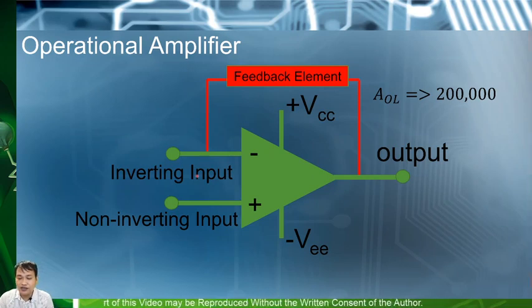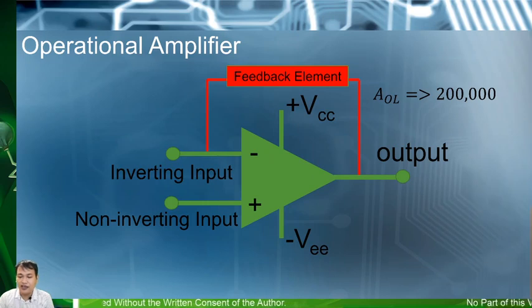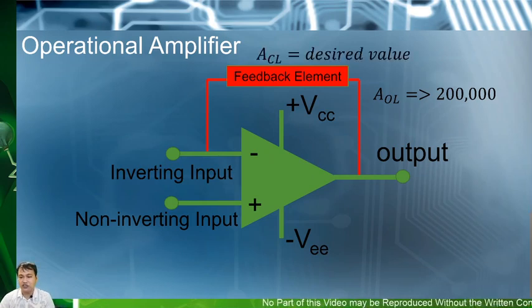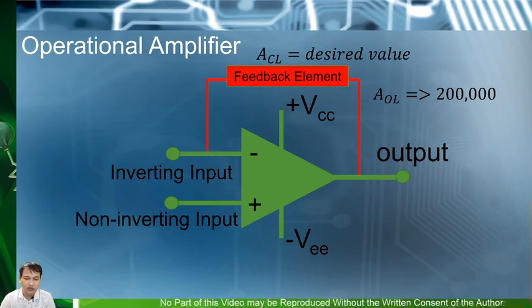This feedback circuit may be a resistor, a capacitor, or a diode. When we use a feedback circuit, the op-amp is in a closed-loop configuration, in which we can control the gain to whatever desired value we want.